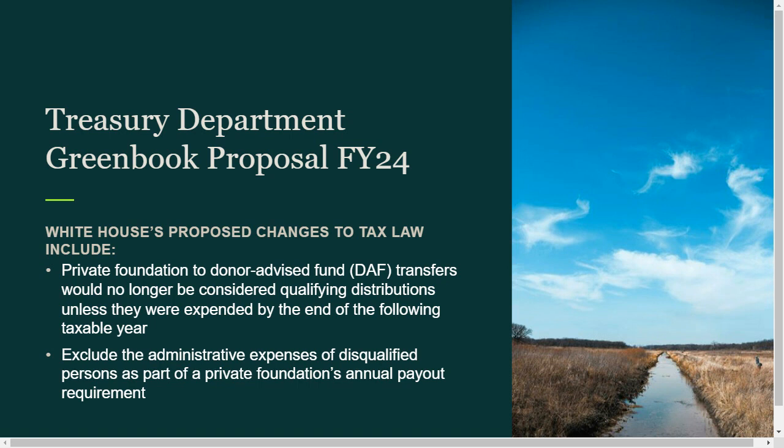Under the current law, a distribution from a private foundation to a donor advised fund at a sponsor organization that's a public charity all count as qualifying distributions towards the 5% requirement. However, under the Green Book proposals, it's saying that grants to a donor advised fund from a private foundation will not meet their 5% distribution obligations unless that donor advised fund then makes a qualifying distribution by the end of the next taxable year.